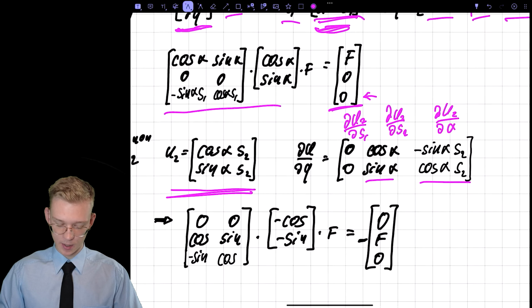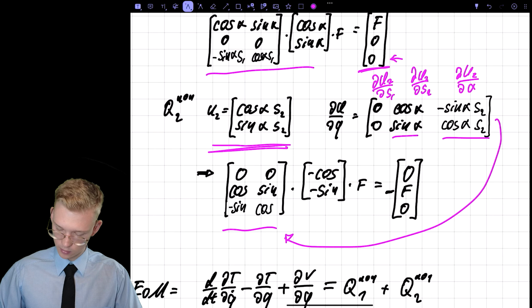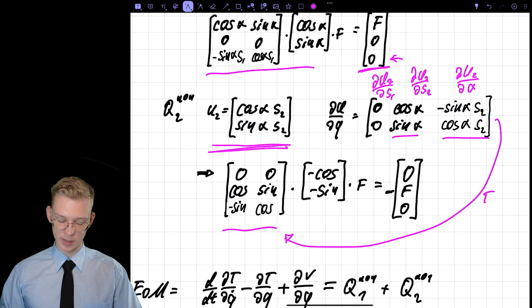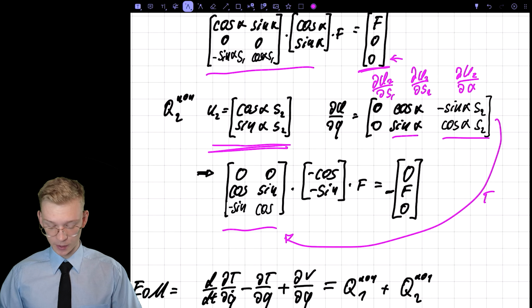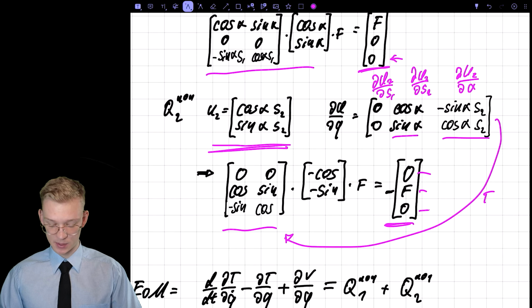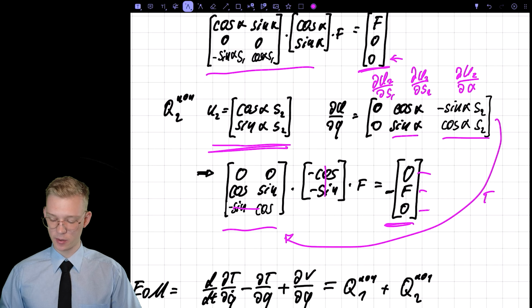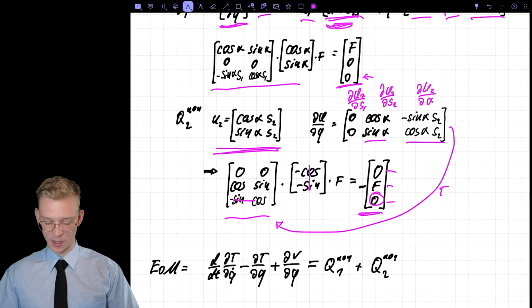And if we do again our transposition, so this has to be transposed, we transpose that and do a simple matrix vector multiplication. Sorry for that. We get minus F, 0, 0. We have nothing in the third line because cosine times sine plus minus sine cosine is 0. So this and this will cancel out, and that's why we have again nothing in the third line.